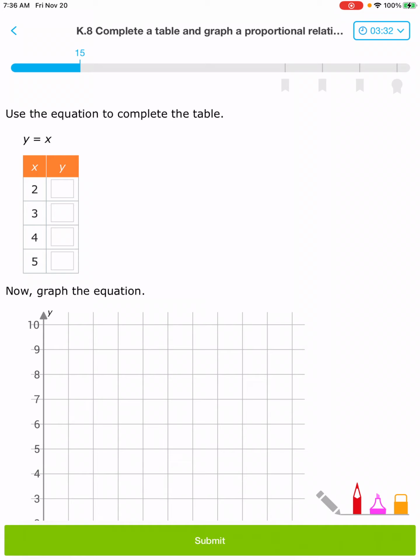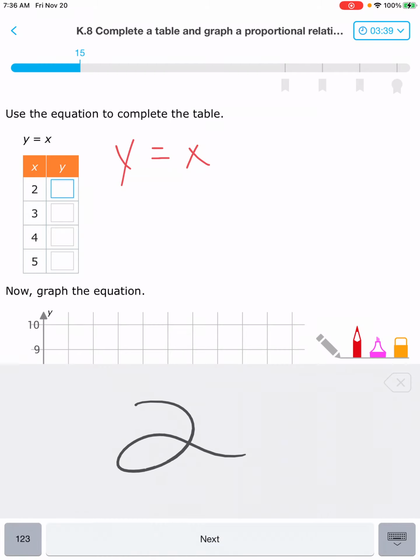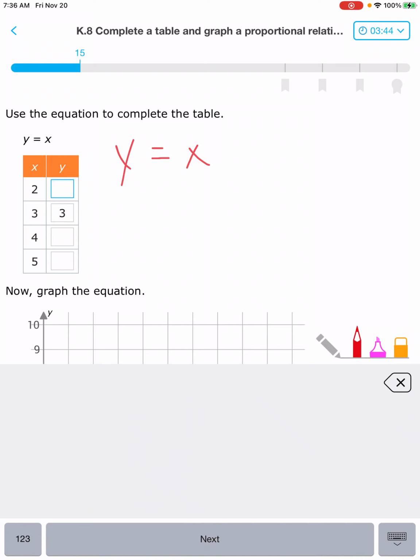All right, so this time, all our y values are going to be equal to our x values. So all of the y values are going to be exactly the same as my x values.